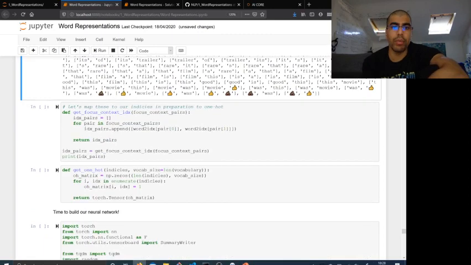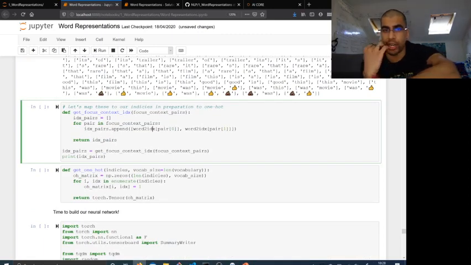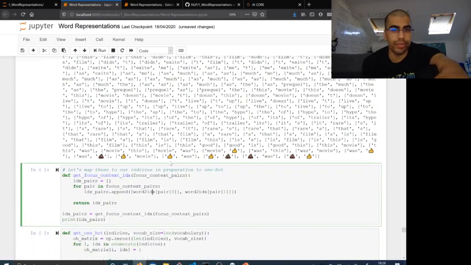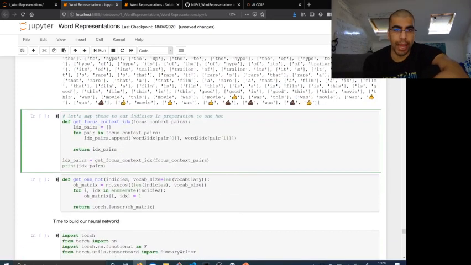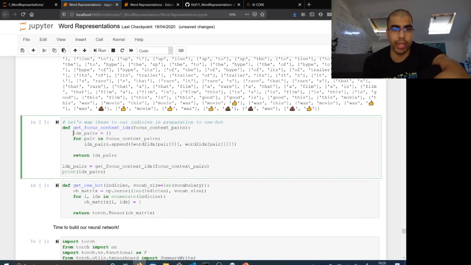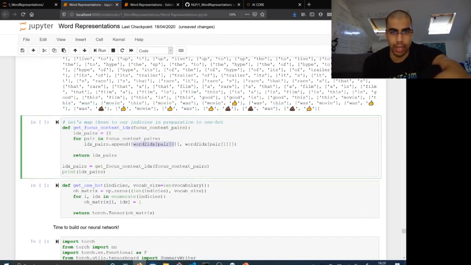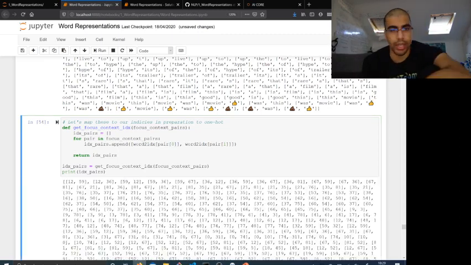Okay, and using the word-to-index dictionary that we generated earlier on, we're now going to integerize all of these. We're going to do that by creating another list of lists, where every sublist is the indexed version of the words that appear.